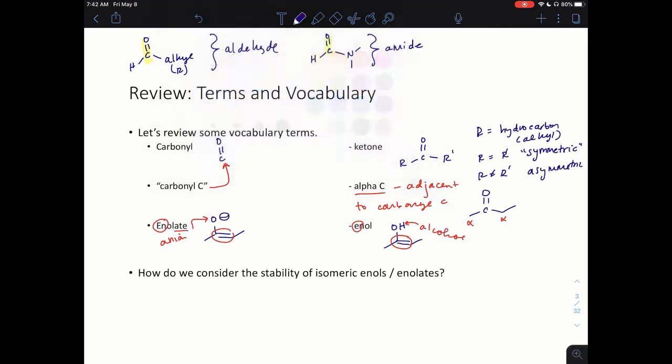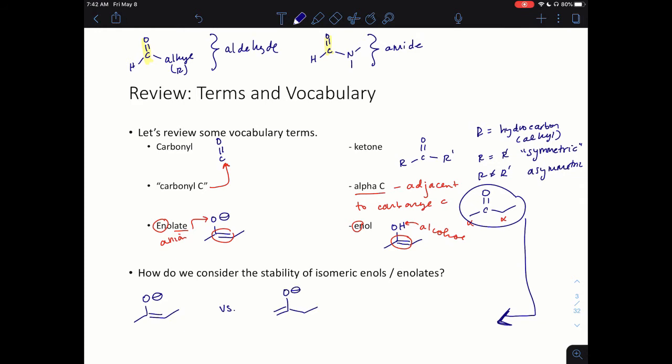We have thought about the relative stabilities of enols and enolates. So imagine you took this asymmetric ketone, methyl ethyl ketone, aka 2-butanone. If you take 2-butanone and deprotonate the two different alpha carbons, there are two possible enolates.